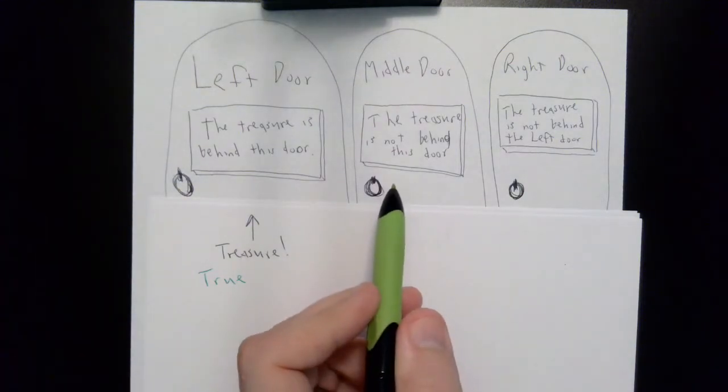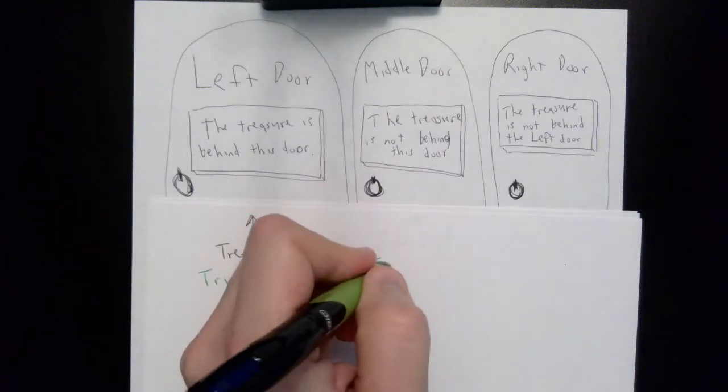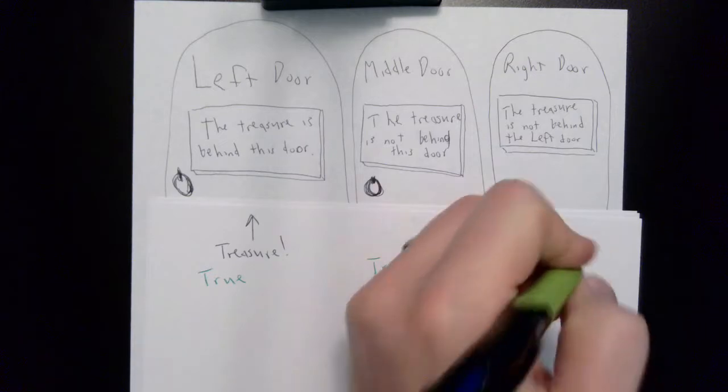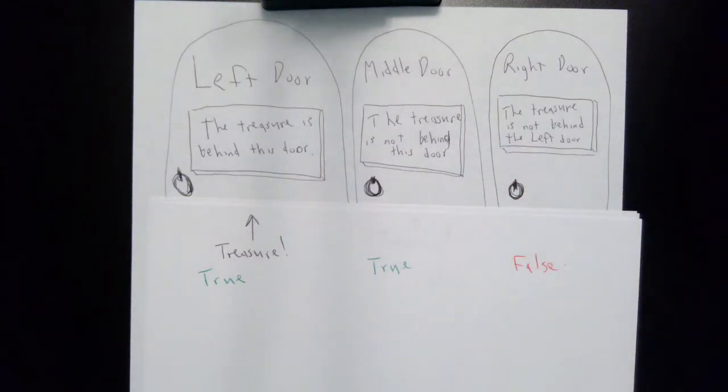The middle door's statement, that the treasure is not behind it, is also true. And the treasure is not behind the left door is false. But this isn't what we're looking for. We were told only one of the statements would be true, so this case can't be. It's the wrong answer because it doesn't match our true-false statement requirement.